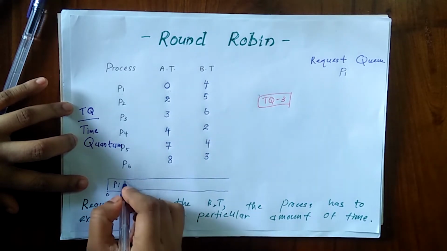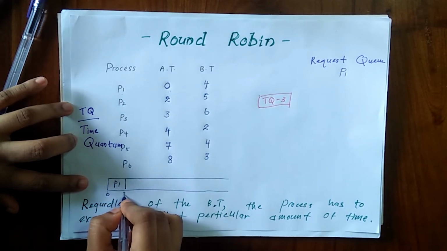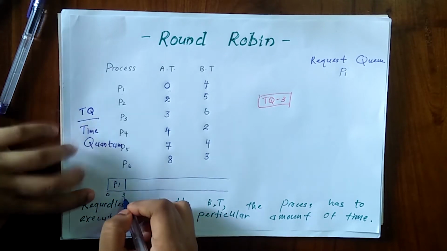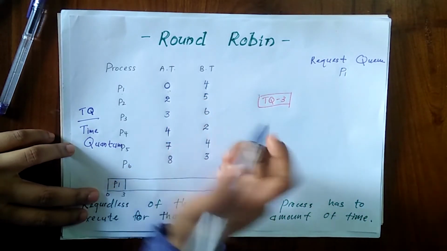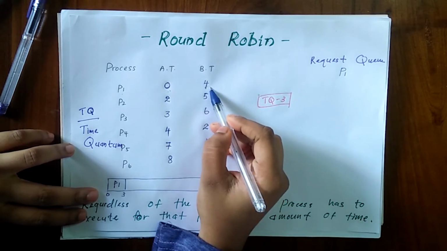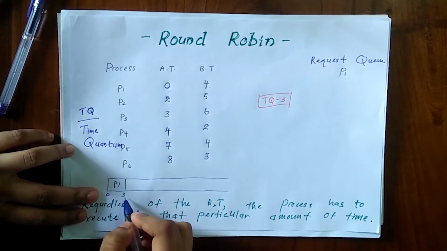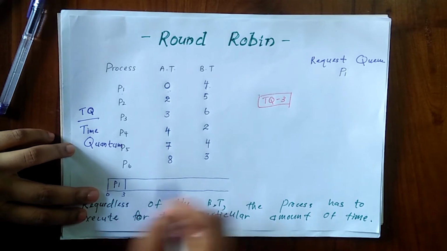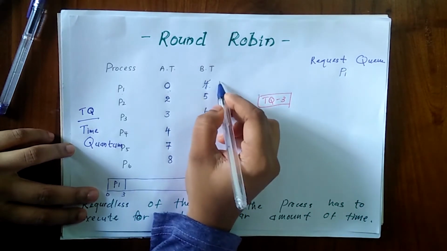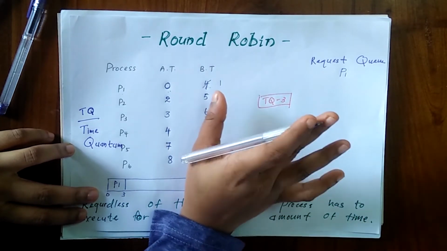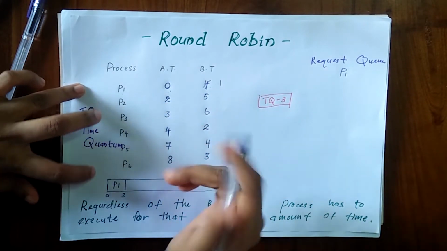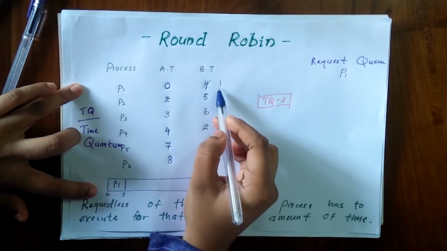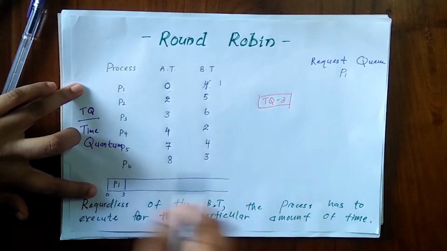We can only take 3 milliseconds. So we write 3 here, and you can see 1 millisecond is left. The burst time is 4, but we get only 3, so there's 1 left. Keep that in mind, and we are using that in a few seconds.